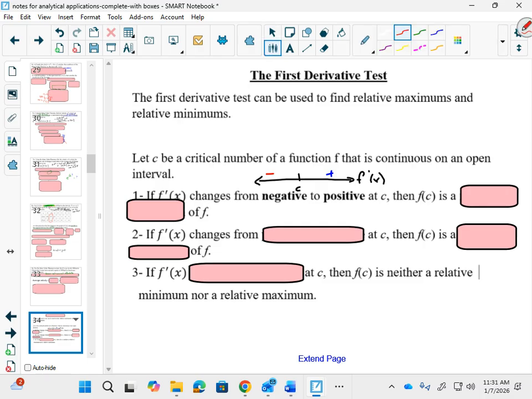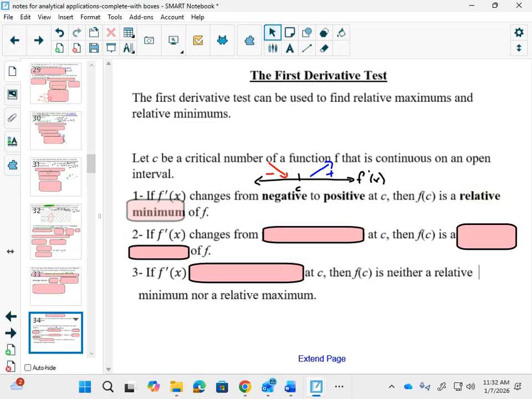negative tells us our graph is decreasing. Positive tells us our graph is increasing. So is C going to be a minimum or a maximum? The sign diagram tells us quite easily it would have to be a minimum.